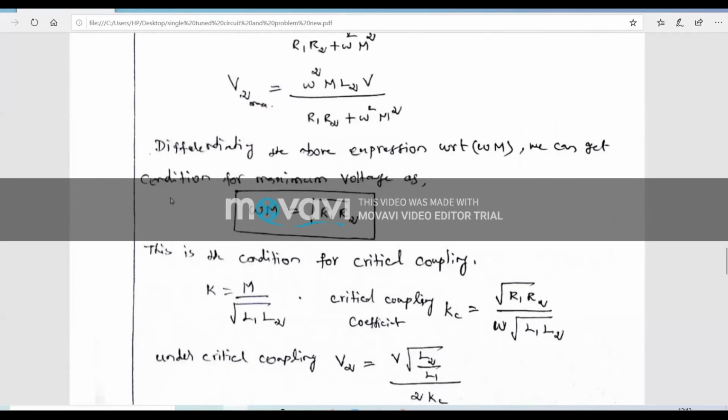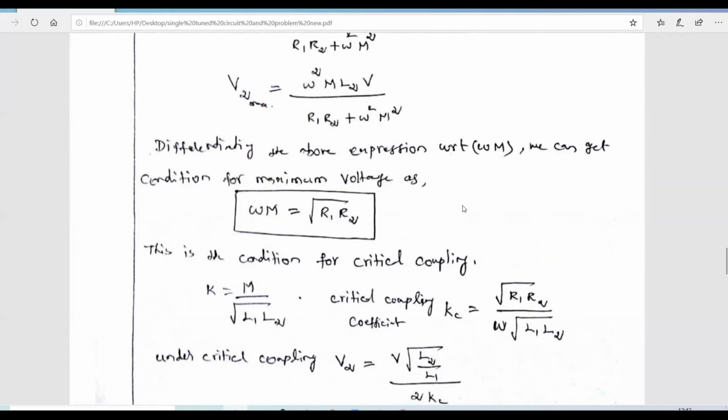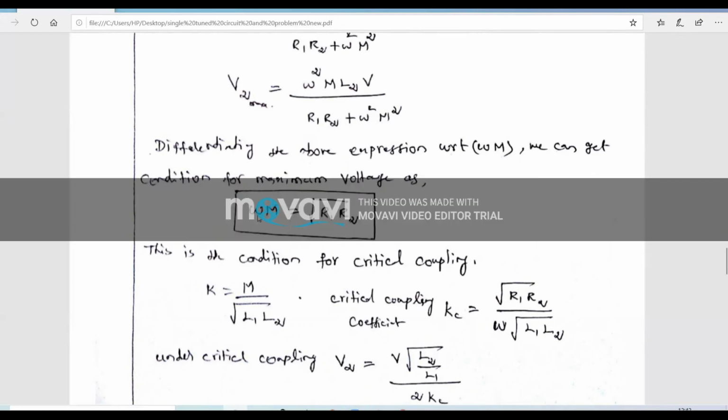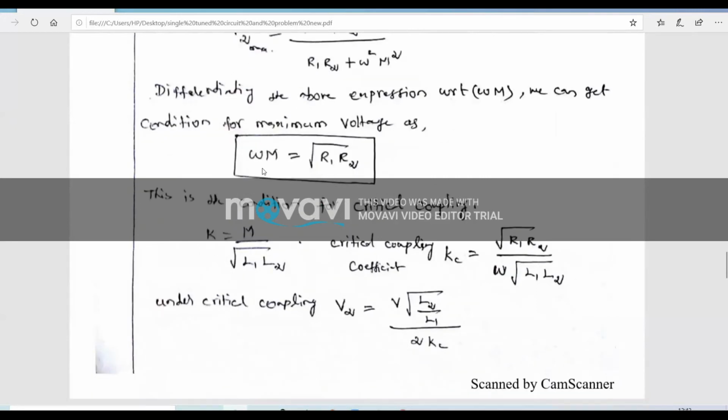And next, we want to derive the condition at which the maximum voltage will be obtained. For what condition does this voltage get the maximum value? The omega M value should be equal to the square root of R1 and R2. This condition is called critical coupling.